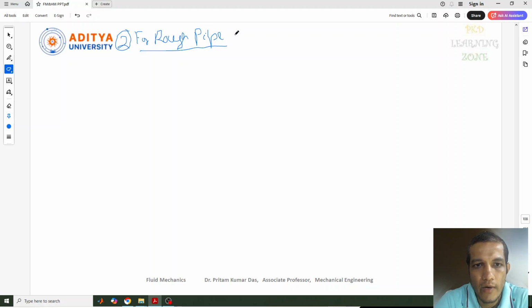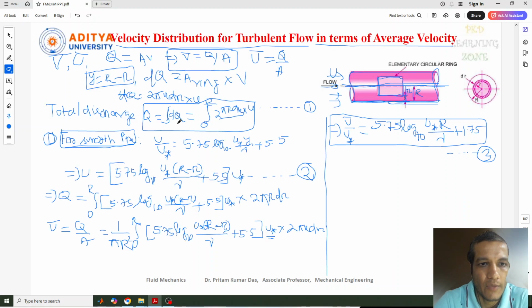For the rough pipe, we need to check once what velocity distribution equation we got for turbulent flow. This is the discharge equation Q, and for the smooth pipe this was the derived equation we got previously. This value we kept in terms of u, because u is there.